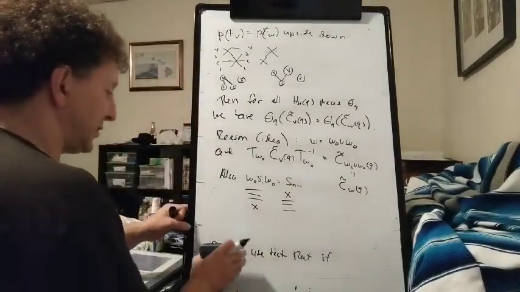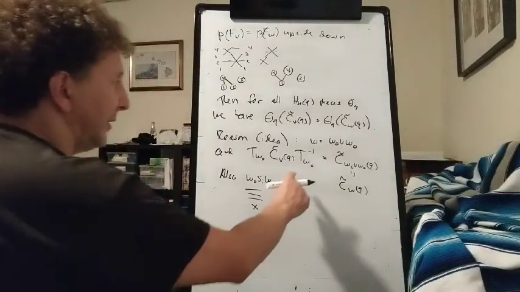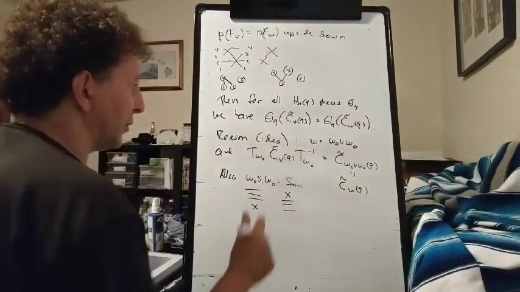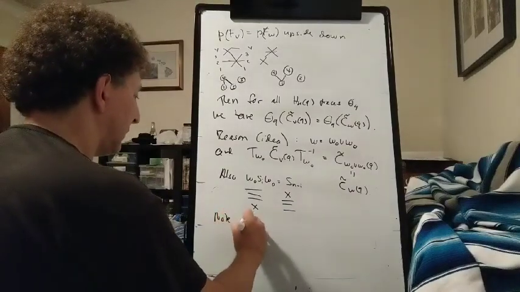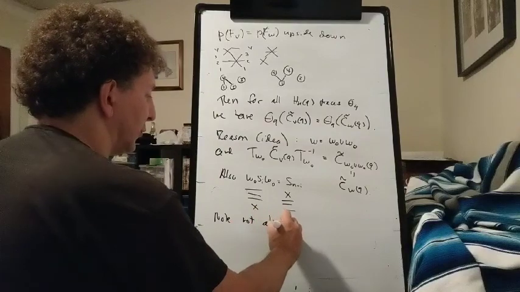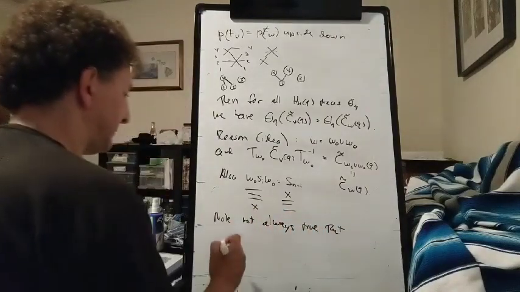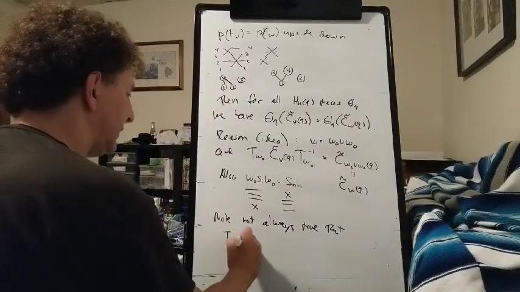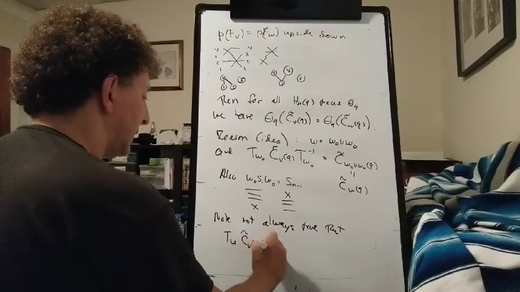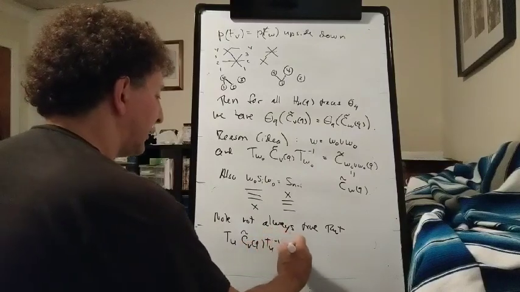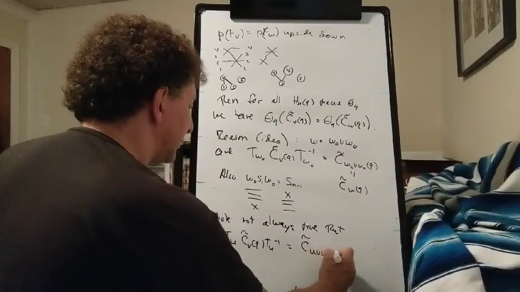And also I want to mention, so this might look like a slightly disturbing fact, conjugation doesn't always work like this. It's not always true that T_U C_V T_U inverse equals C_{U V U inverse}.